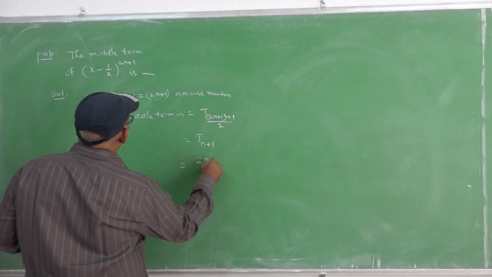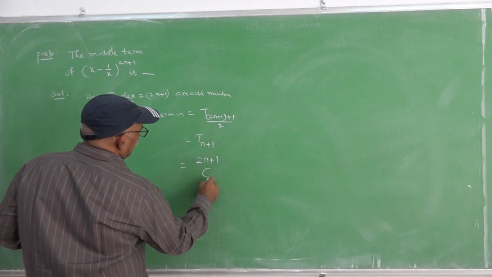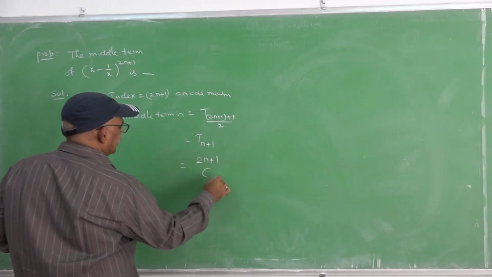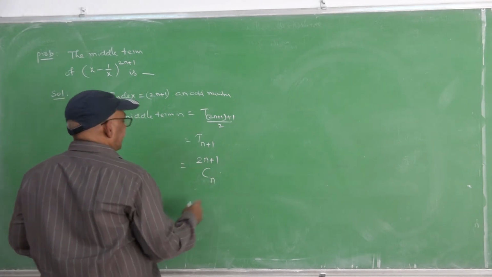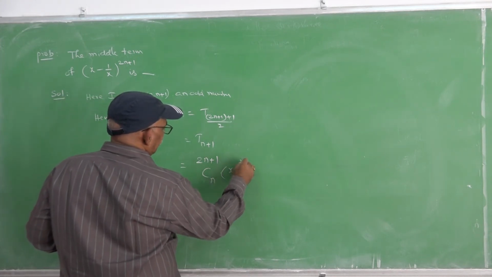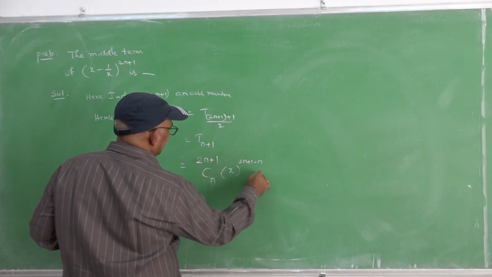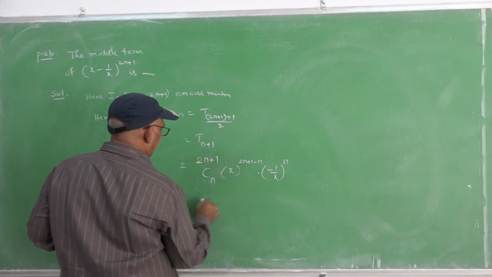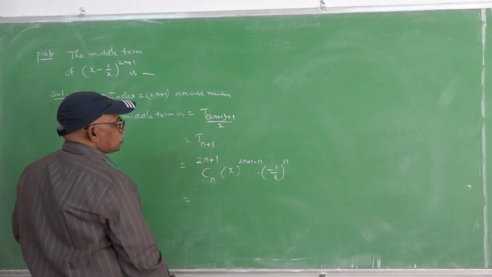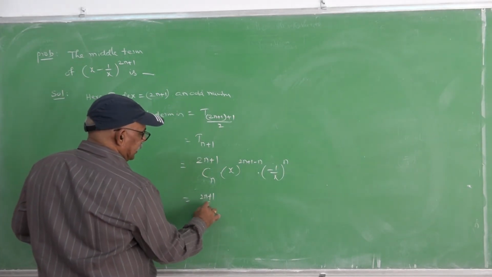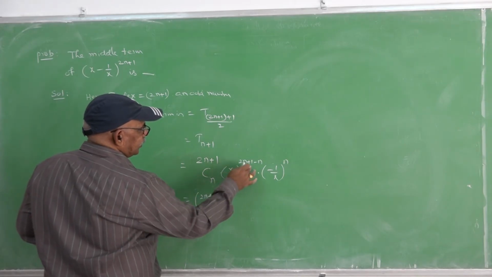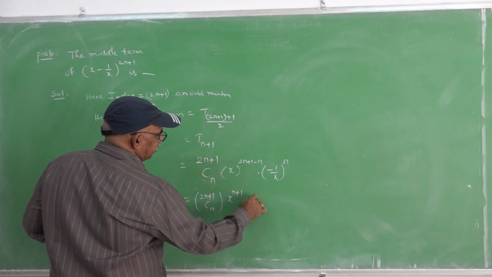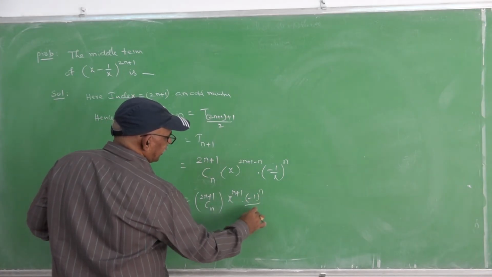the n plus 1th term of the expansion, which is 2n plus 1 c n, taking the value n here, x power 2n plus 1 minus n into minus 1 by x whole power n to get this term. That is 2n plus 1 c n, x power n plus 1 into minus 1 whole power n by x power n.